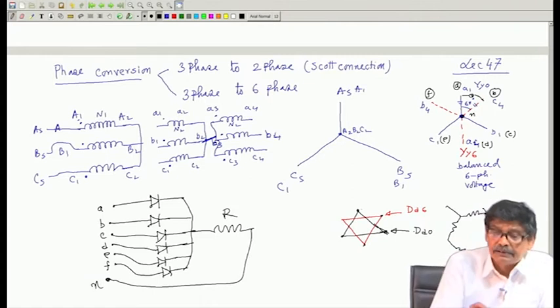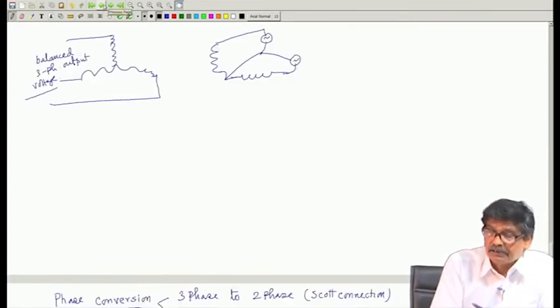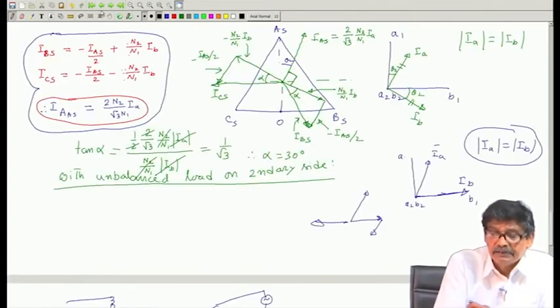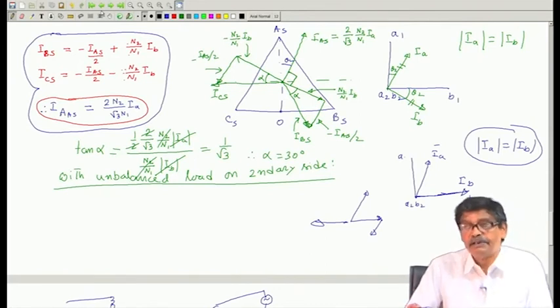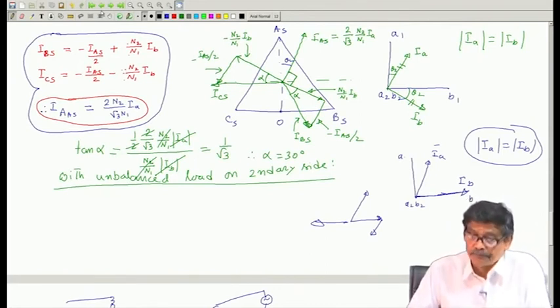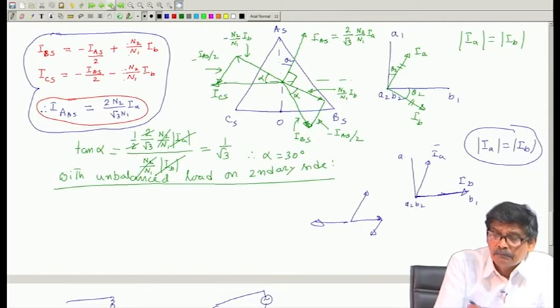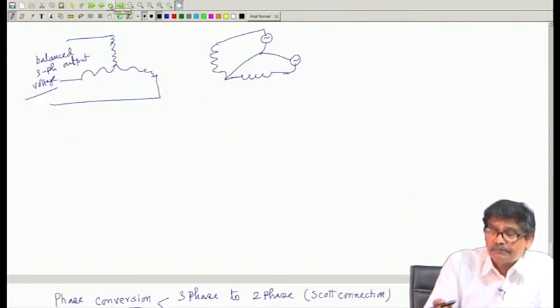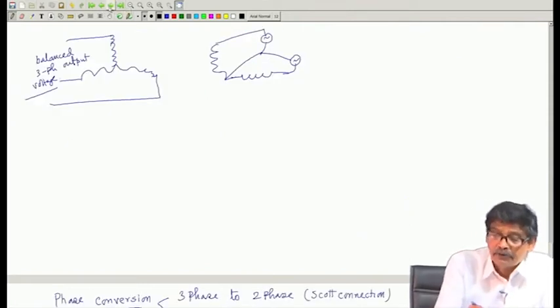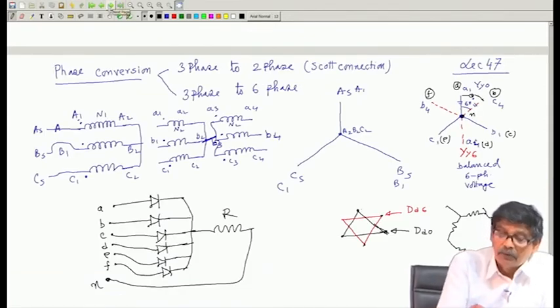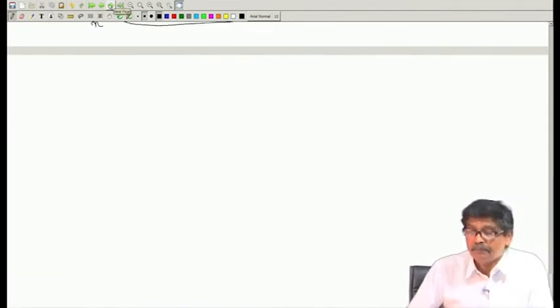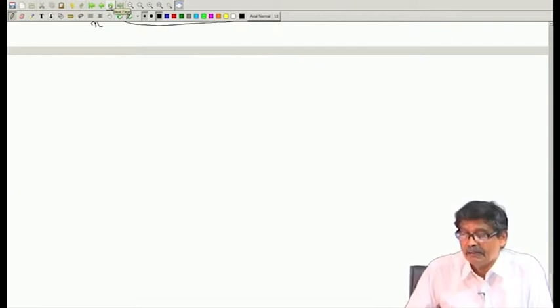So, this is the phase conversion thing, 3 phase to 2 phase, then 3 phase to 6 phase, and so on. One can go on doing like this. Now, our next topic will be the parallel operation of transformers.